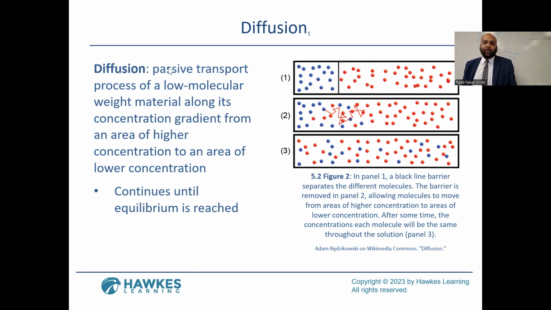You see here, there are all these red dots here, and no red dots on this side, and all these blue dots here, and no blue dots on the other side. So both are going to be moving in opposite directions to fulfill equilibrium. So 3 represents equilibrium. When they reach equilibrium, do they stop? They're still moving, right? So that's steady state equilibrium.